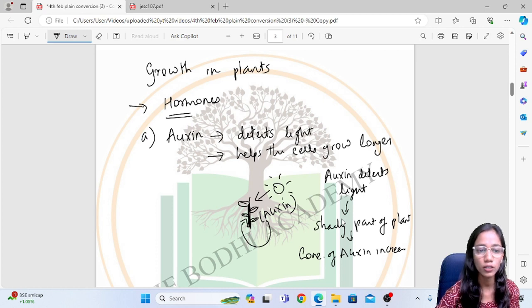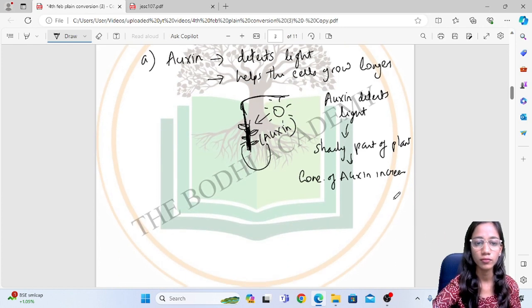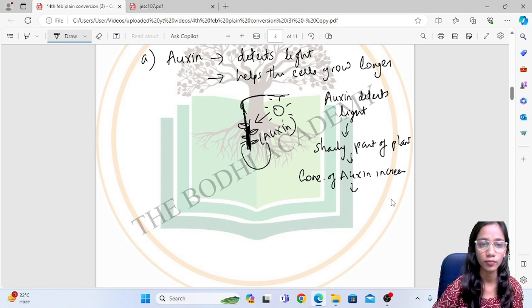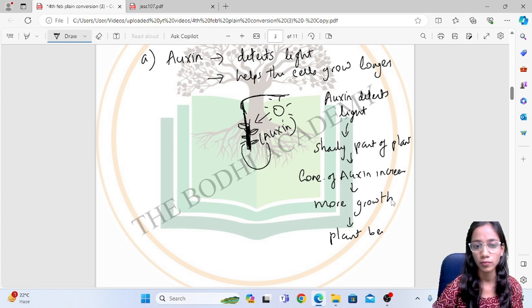There is more growth at this part, because of which the plant bends, and it appears as if the plant is bending towards the sun. So this is the reason.